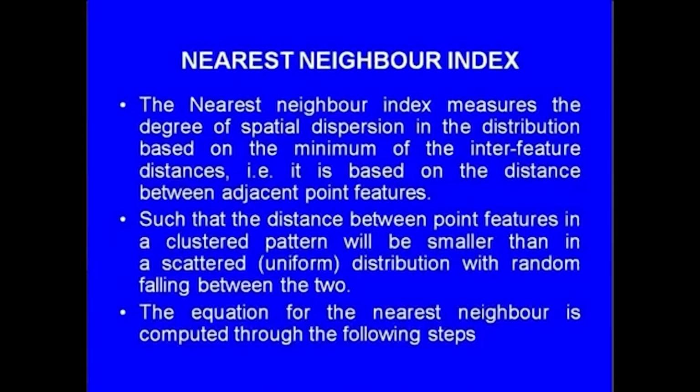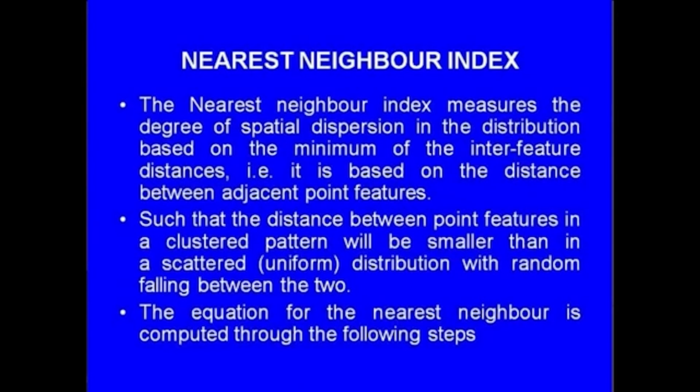The nearest neighborhood index measures the degree of spatial dispersion in the distribution based on the minimum of the interfeature distances, that is, it is based on the distance between adjacent point features, such that the distance between point features in a clustered pattern will be smaller than in a scattered uniform distribution, with random falling between the two.